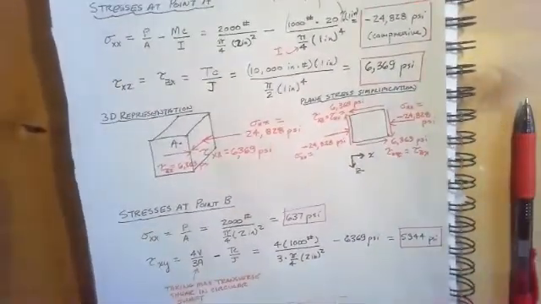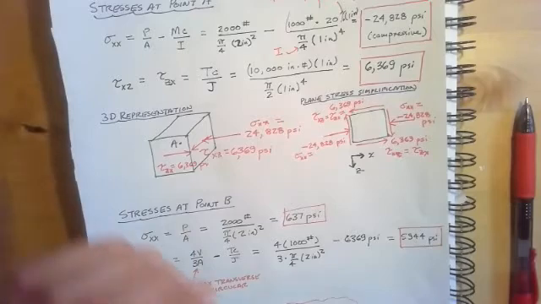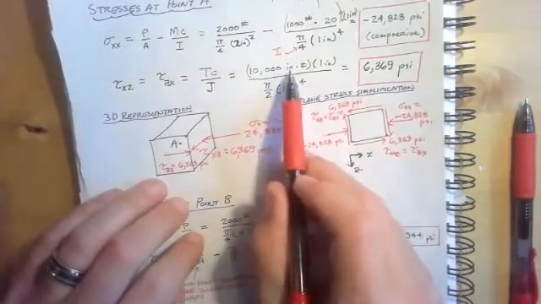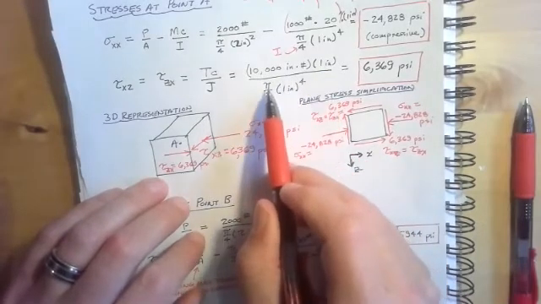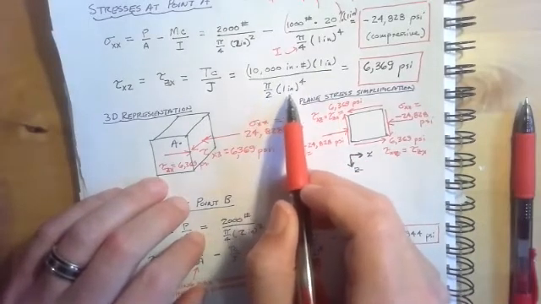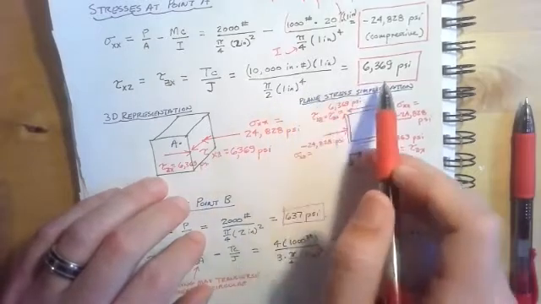So if I was to calculate the shear stress, the only shearing stress that I would have at point A is the torsional shear stress. And that would be given to me as TC over J. And we talked about earlier our torque of 10,000 inch-pounds, 1,000 pounds times 10 inches would be how we would get that number, times 1 inch, which would be C, and then J is pi over 2 times 1 inch to the 4th.